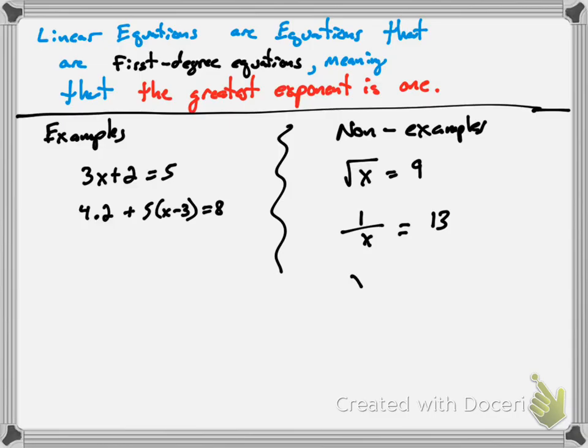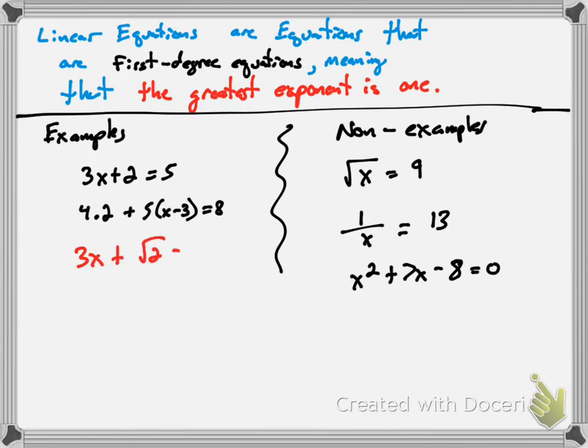The variable being in the denominator makes it not a linear equation. Also, you could say that that would be x to the negative 1 power equals 13, which again is not a first degree equation. And then finally, x squared plus 7x minus 8, x squared is second degree. If it has a degree 2, then 1 is not the greatest.